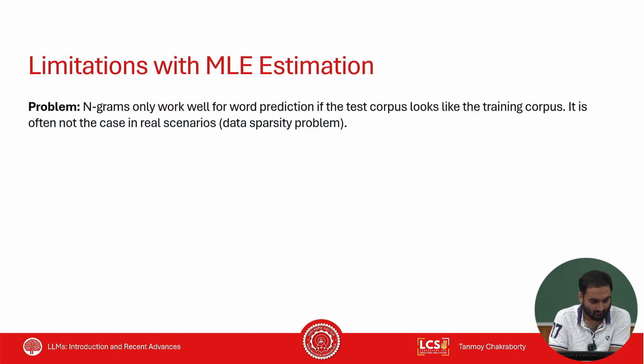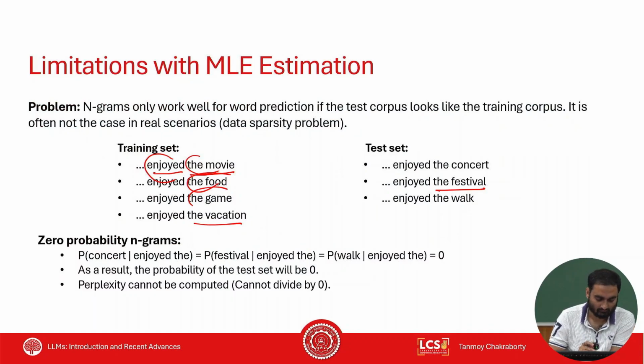I already mentioned the limitations of this MLE estimate in n-gram language models: if you have an unseen phrase which never appeared in the training set, but it's a valid phrase, you will see in the test set it is going to produce a 0 probability, right?